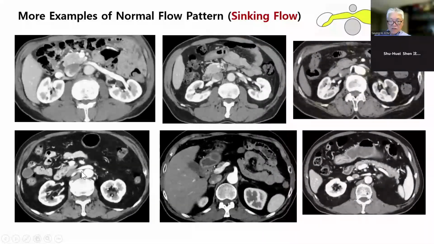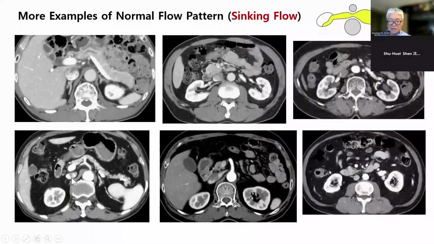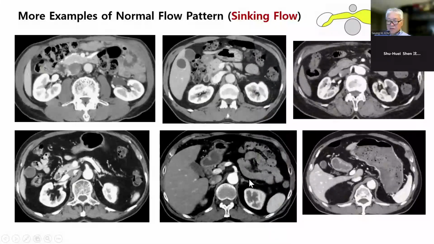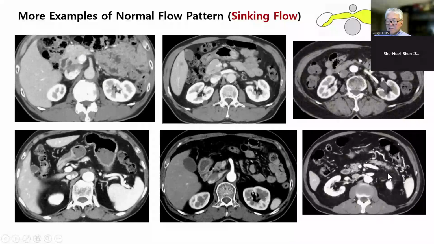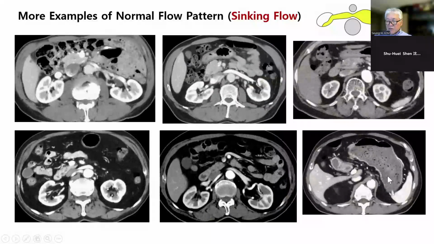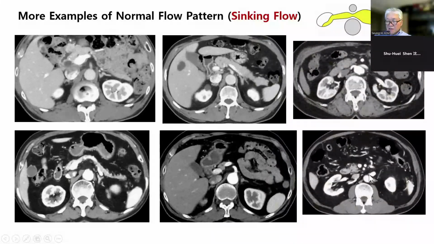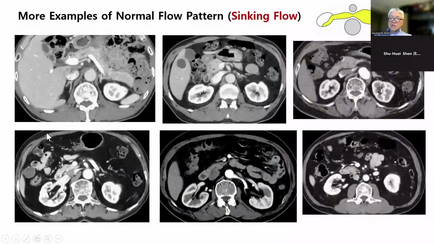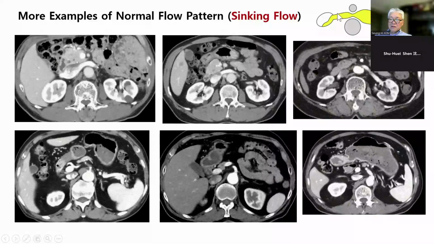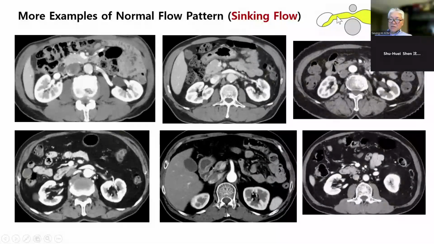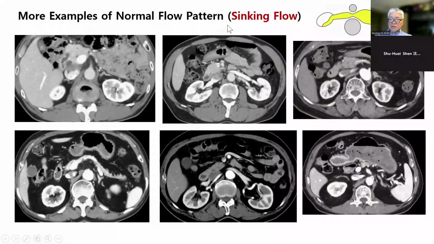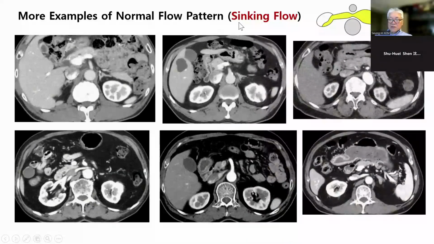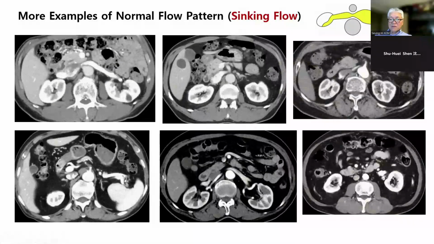The fourth, fifth and sixth cases show a similar pattern along the posterior margin. So if you see this pattern of contrast opacified blood movement, you can suspect that this patient does not have a nutcracker phenomenon.